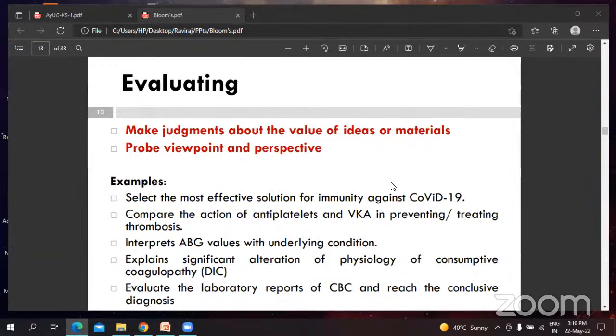So in this stage, we will be asking you questions like select the most effective solution for immunity against COVID-19. You all have experienced how dangerous the time was during COVID-19. If I ask you what was the treatment, now everybody knows that there was no effective treatment against COVID-19. But many Ayurvedic pharma companies, many Ayurvedic practitioners suggested some sort of immunity preparations to patients.